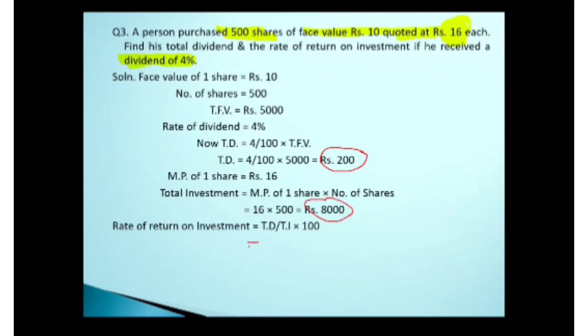So we have to write it down as equal to 200 divided by 8,000 into 100. And whatever answer you get, you want to multiply by 100, and the answer will be written in percentage.